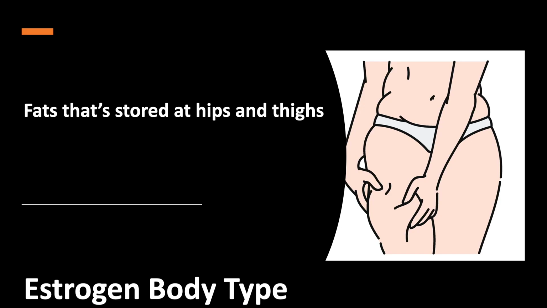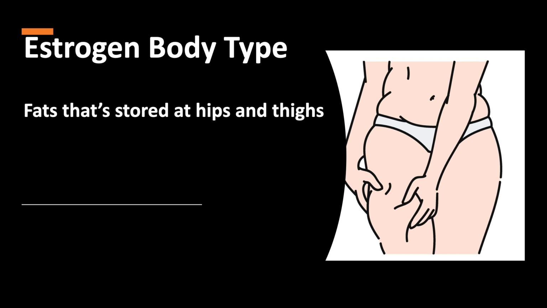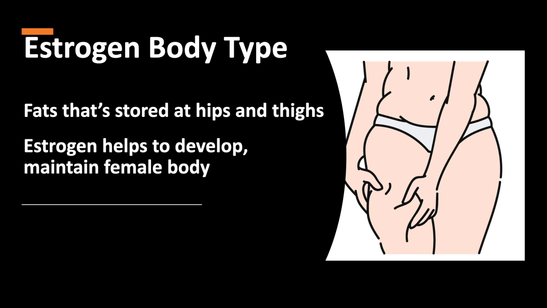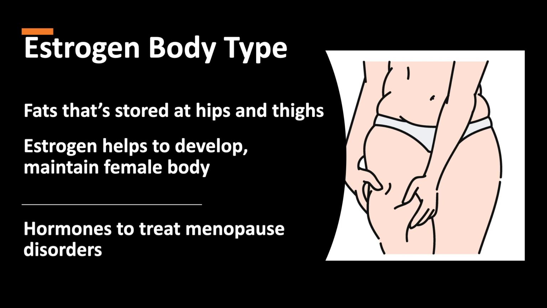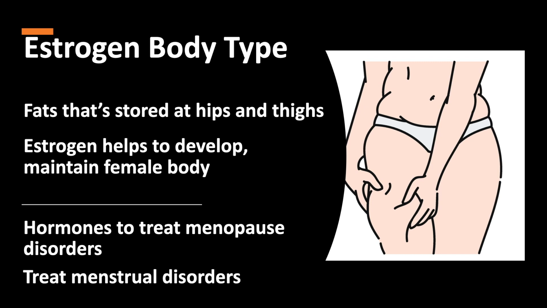Estrogen type. These are folks that store their fats around their hips and thighs. In layman's terms, pear or triangle shapes. Yeah, so it is a group of steroid hormones which promote the development and maintenance of female characteristics of the body. Such hormones are also produced artificially for use in oral contraceptives or treatments for menopause and menstrual disorders.